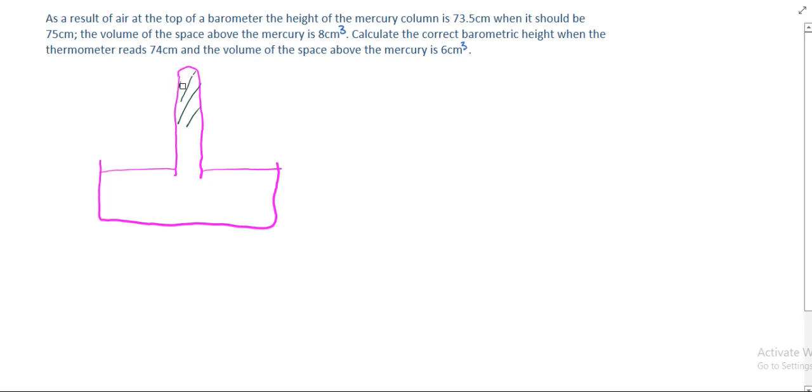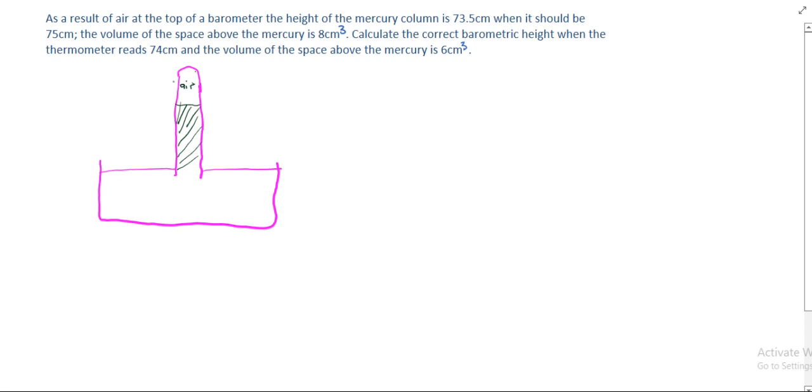This space above the mercury. So that's our mercury, our mercury is here. I was told that as a result of air at the top of the barometer, we have air here.